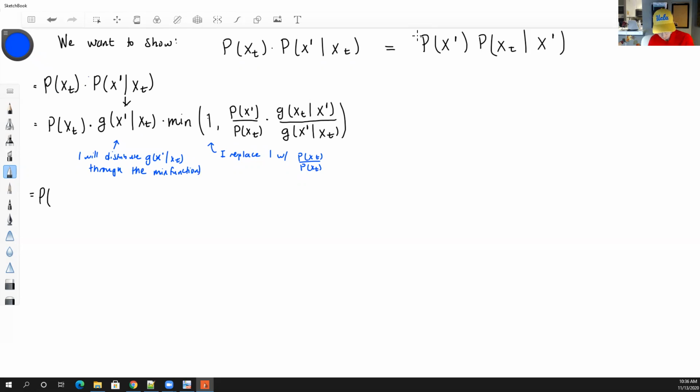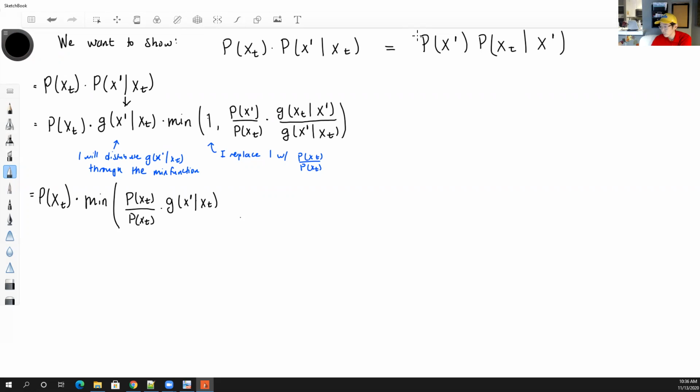So I'm distributing g of x prime given xt through the min function, and I'm replacing 1 with p of xt over p of xt. So I've got p of xt multiplied by the minimum of p of xt divided by p of xt, where the 1 gets replaced with p of xt over p of xt, and I'm going to multiply by g of x prime given xt.